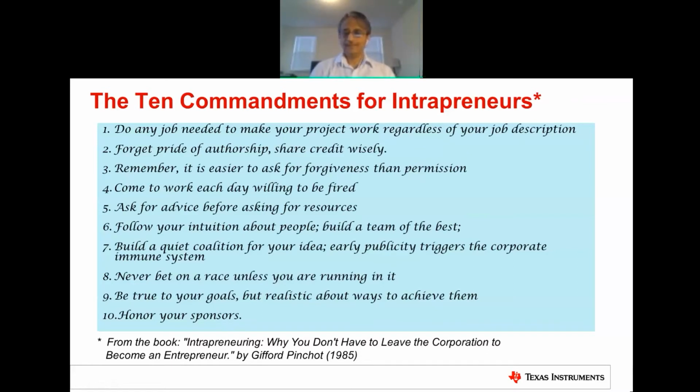So again, it's something I thought I would share with you. I'm not going to walk through these commandments, but anybody can Google this if you want to know more about this book and some of the thoughts here. Definitely a read, and a lot of things here resonate with me pretty strongly.